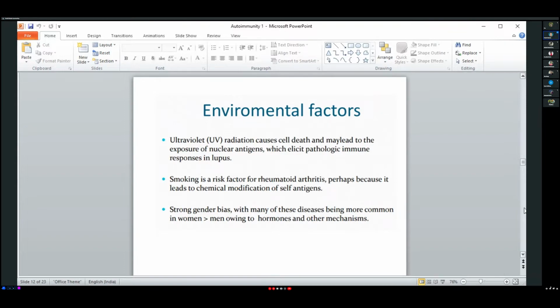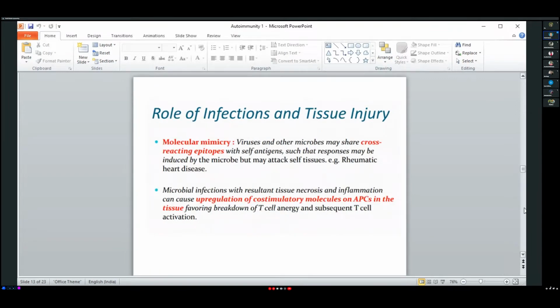Women are more prone to autoimmune disorder because of their hormonal regulation, and also because after puberty each month the menstrual cycle occurs, and there is a cycle of hormonal upregulation and downregulation of LH, FSH, estrogen, progesterone, that makes them quite susceptible to a few autoimmune disorders.